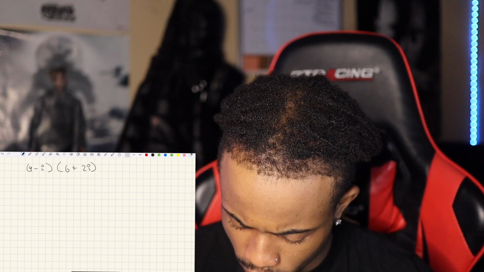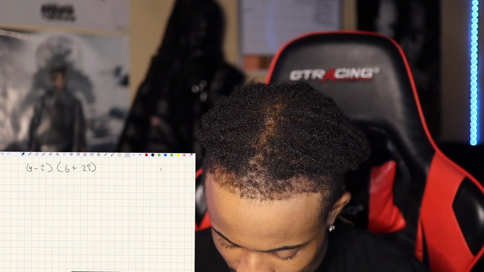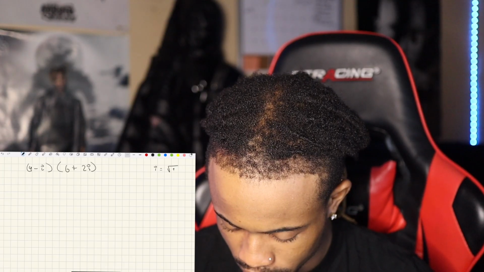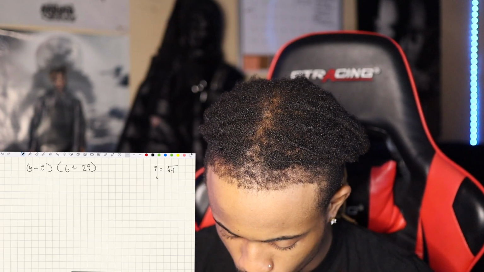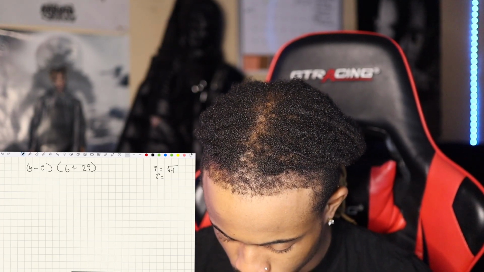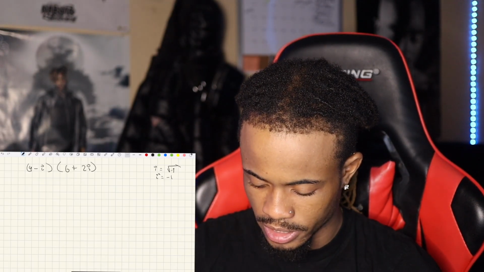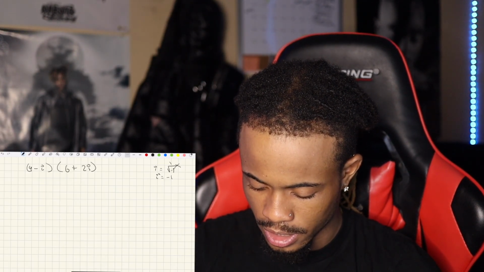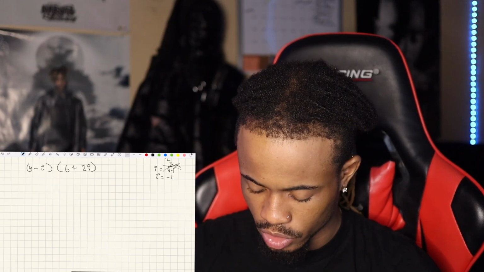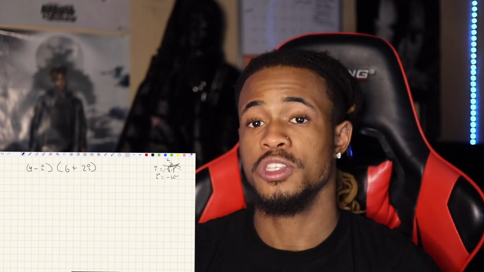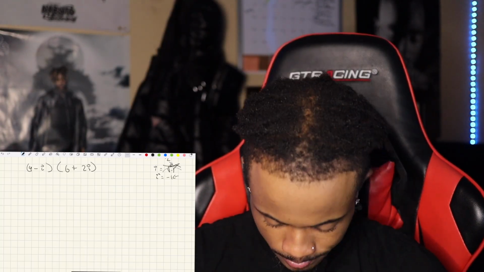Now make note of this rule right here where we said i is equal to the square root of -1, and then i squared is going to be equal to -1, right? Because if we square the square root, we essentially get rid of it, so it only becomes -1. So i squared is equal to -1. Now let's use FOIL to multiply this.